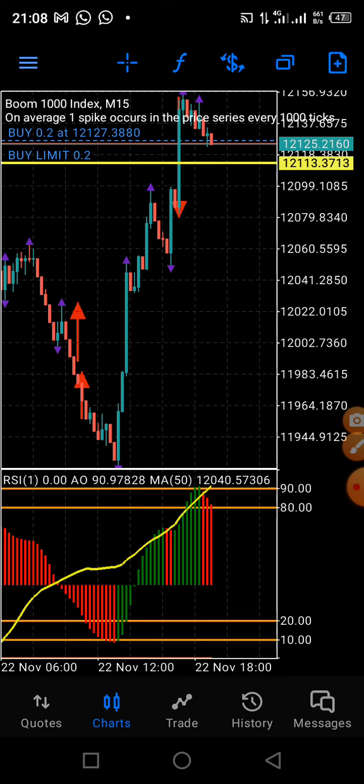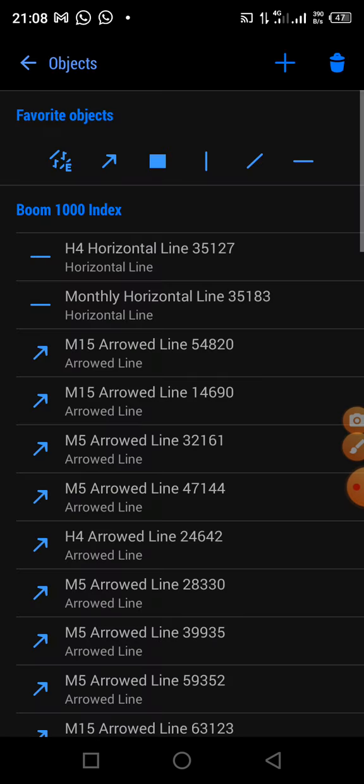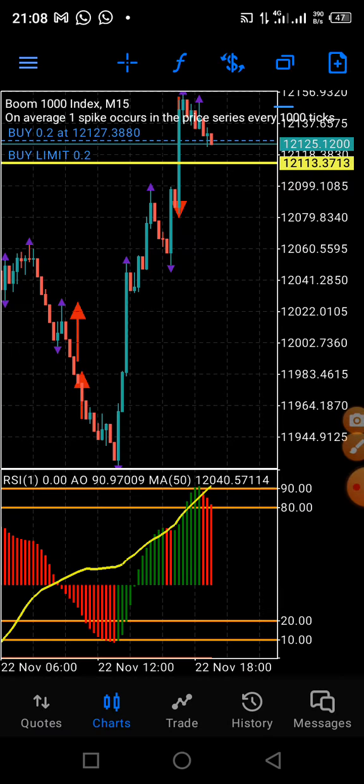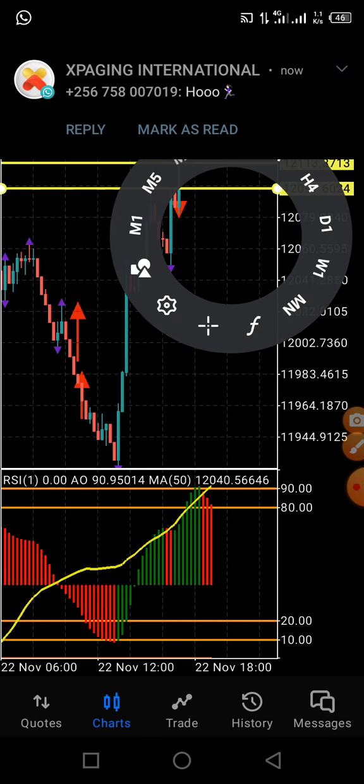We observe. So if you are looking at it in M15, the in between it is here. So even here you can put your buy limit in future.